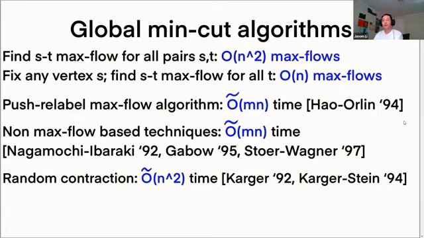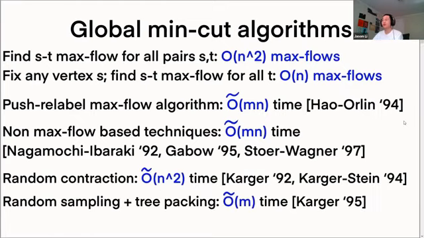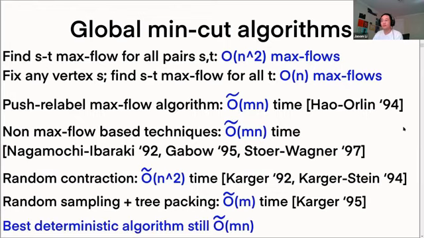And he also has an algorithm that essentially runs in near linear time, based on random sampling for graph sparsification plus a tree packing approach. This essentially is optimal up to polylog factors. But the point is, these algorithms are both randomized, and the best deterministic algorithm known so far is still mn time.